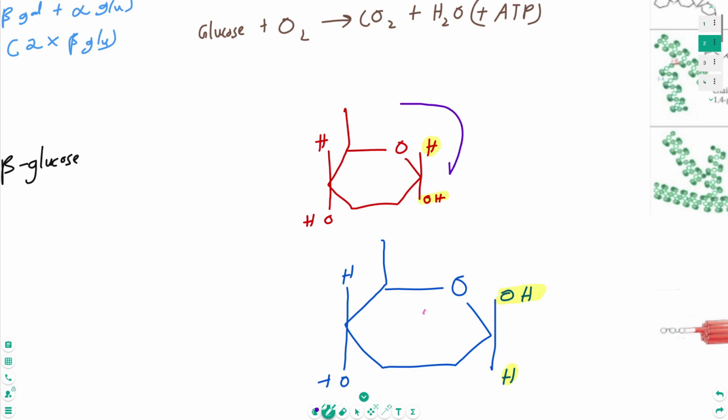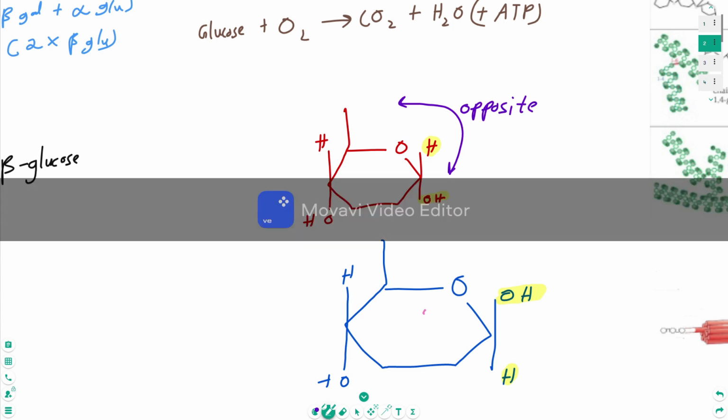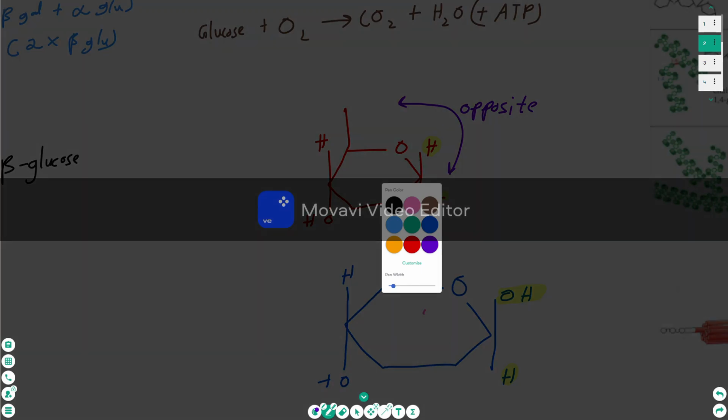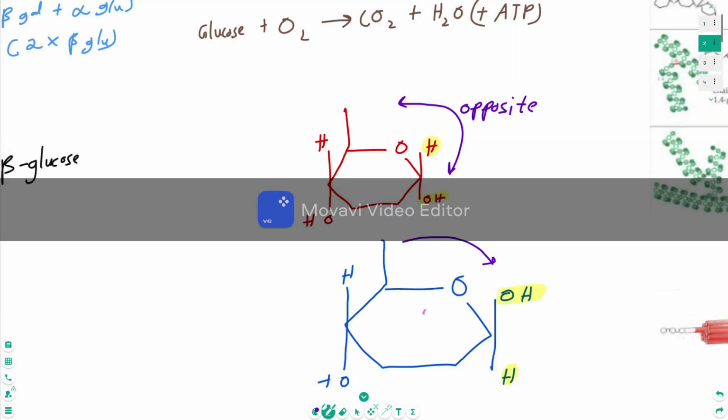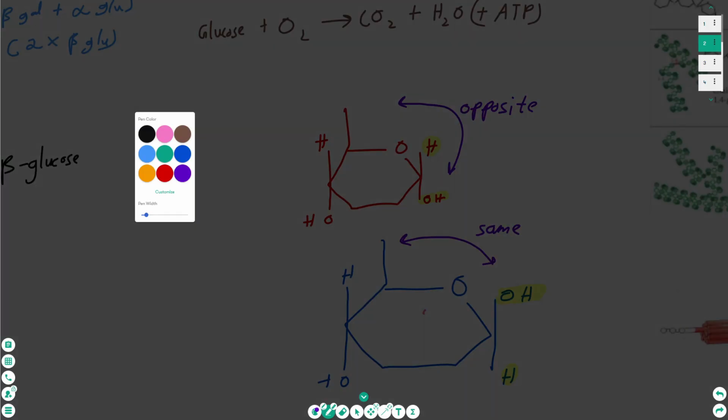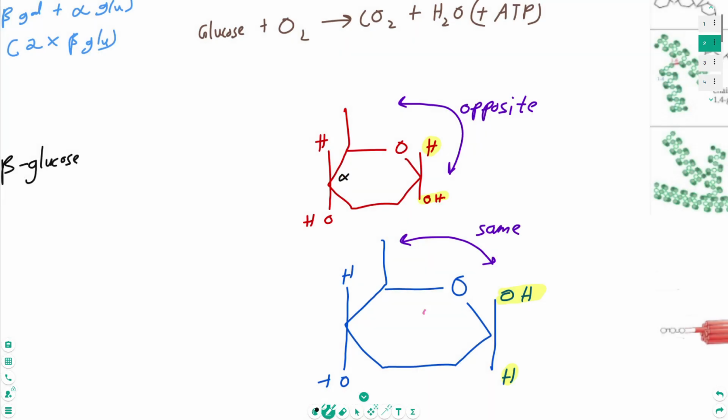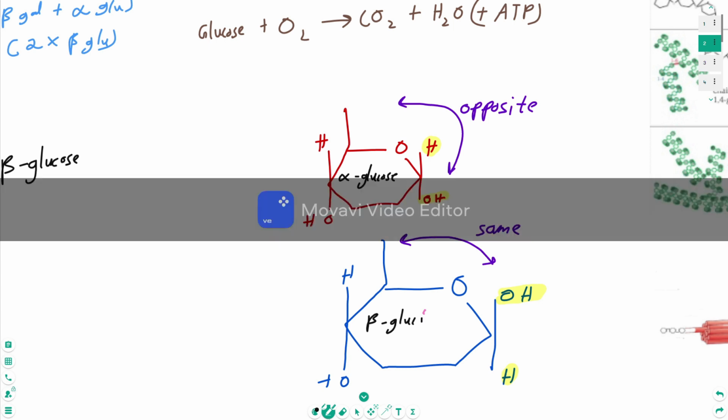So here these are facing in the opposite direction. So this is opposite for alpha, and this is the same for beta glucose. So this structure, if you didn't hear that, is alpha glucose, and this here is beta glucose.